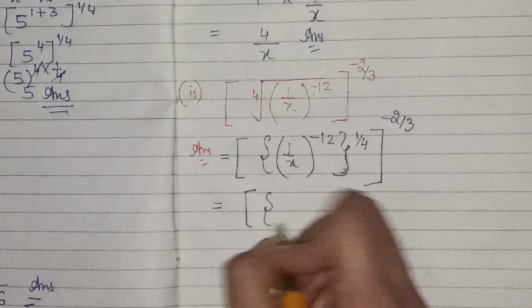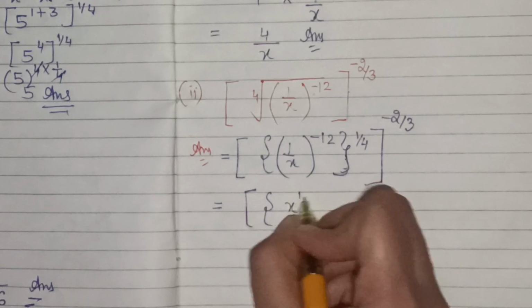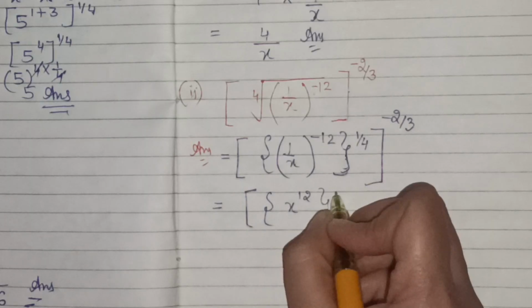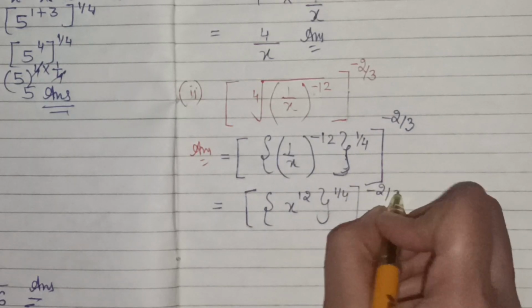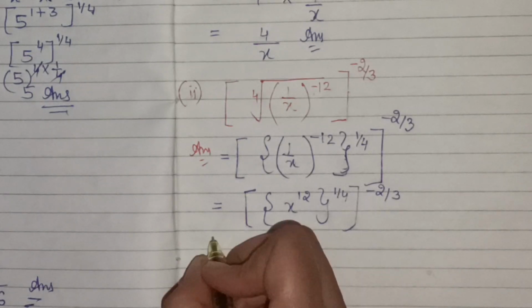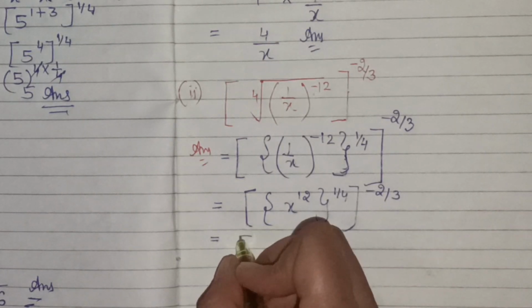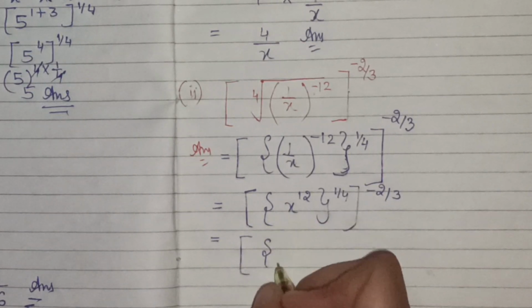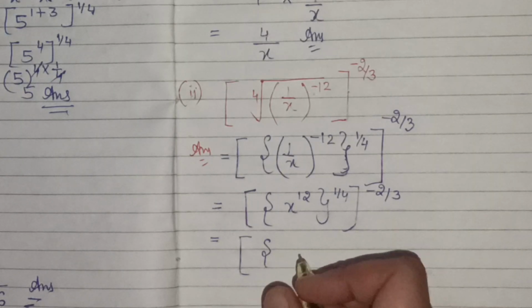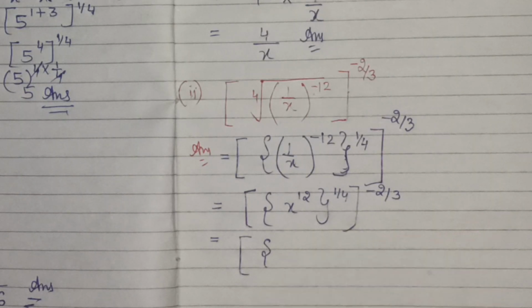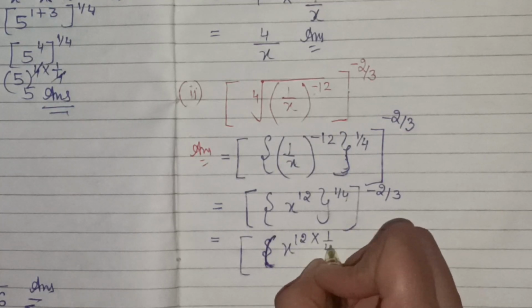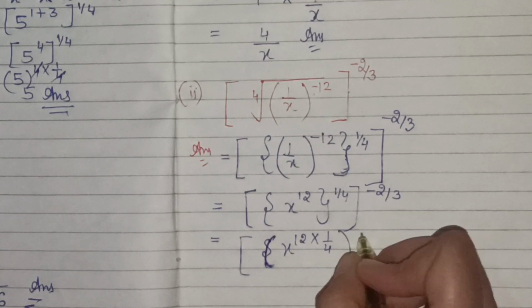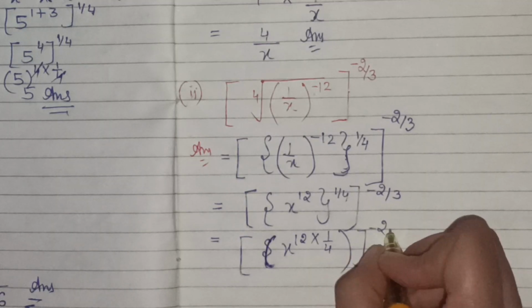by writing x raised to power 12, then bracket close, 1 upon 4, and the whole exponent I write again is minus 2 upon 3. Now I write bracket, x raised to power 12 multiplied by 1 upon 4, then outside the bracket minus 2 upon 3.